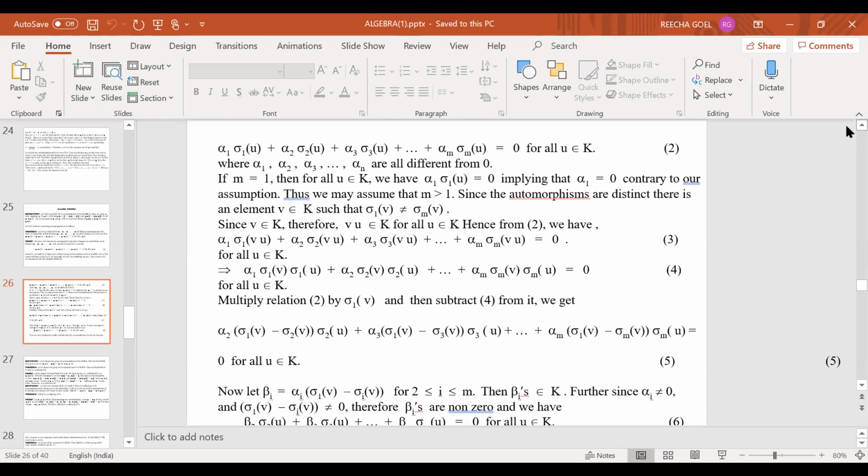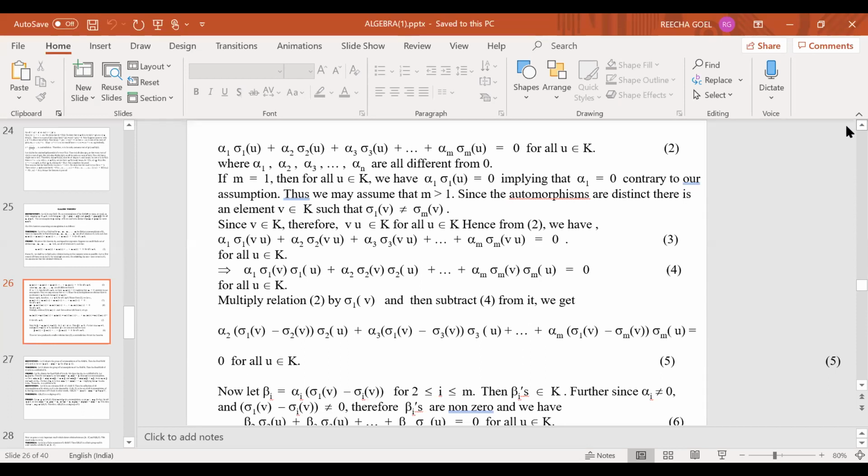Now if we compare expressions 2 and 4, the expression 4 differs from 2 by the multiples sigma 1 v, sigma 2 v, sigma 3 v, and sigma m v. So I am going to multiply expression 2 by sigma 1 v and subtract it from 4.